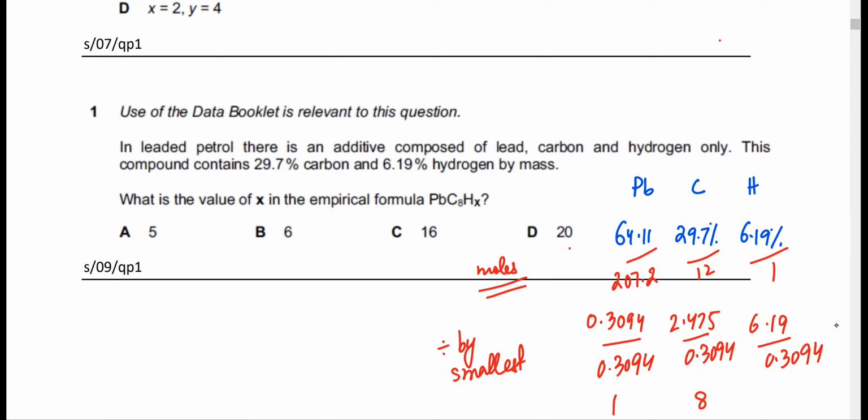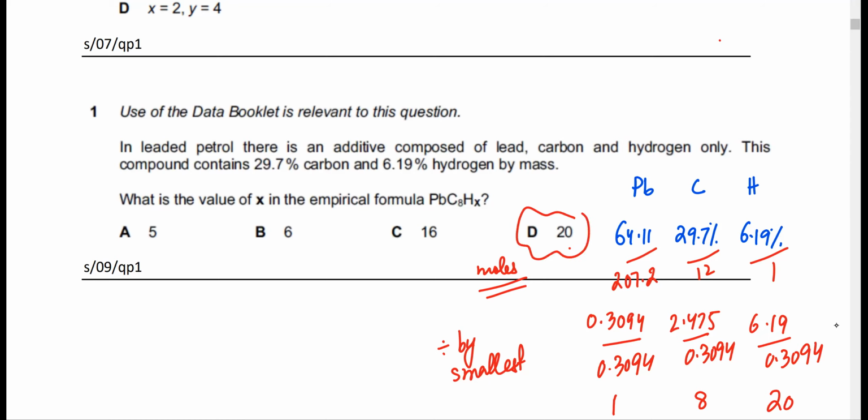You can round off things if they're very close to a whole number. Don't round it off if it was 7.5. So what's the last one? 6.19 gives 20.0, so it's 20. So it's going to be C8H20.